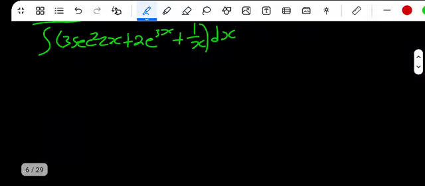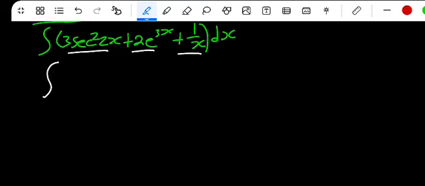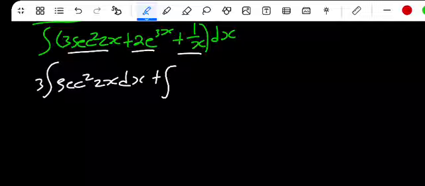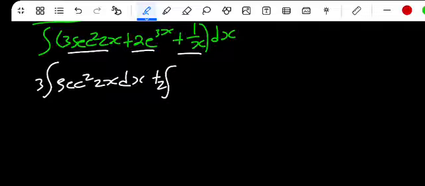Okay, everything is in correct order. This is the same as the integral of 3 sec squared 2x dx plus the integral of 2, taking 2 outside of the integral. It's one and the same thing.